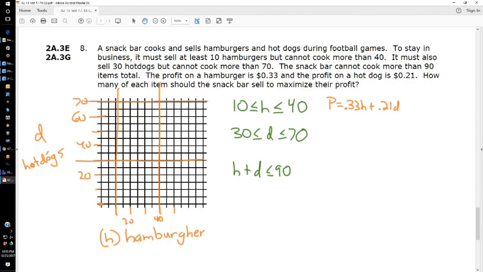If I sell 70 hot dogs, I can't make more than 20 hamburgers. If I make 40 hot dogs, I cannot make more than 50 hamburgers. So I also have this line going through it right there. This is the boundary of my function.